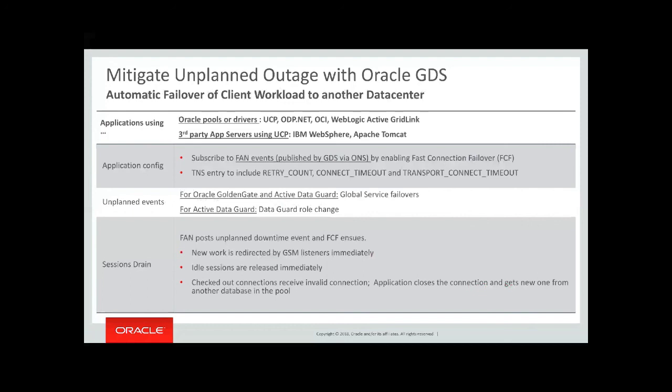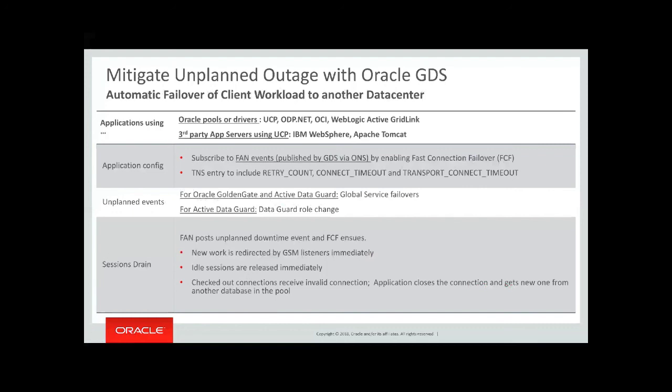The moment the FAN notifications are received by the connection pool clients, the sessions start draining. That means new work requests are automatically redirected by GSM listeners immediately to the new database where the service is coming up. And the idle sessions are released immediately as well.